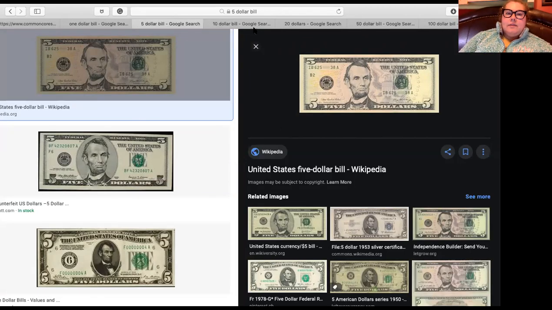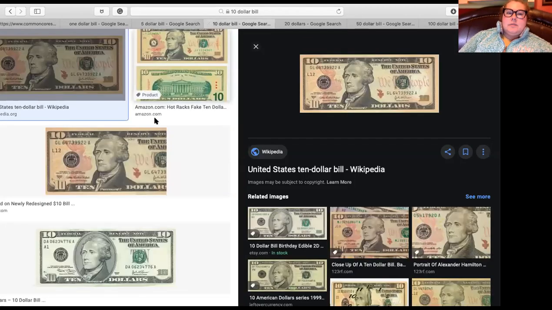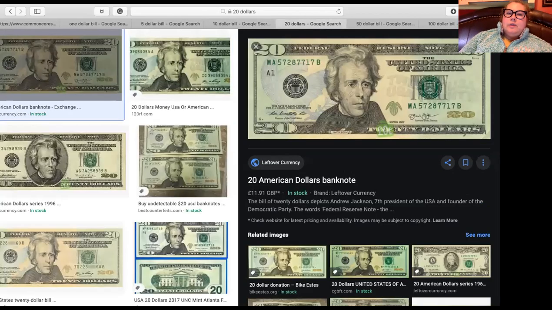we have a $10 bill. Right here is a $10 bill. So you would need 2 $5 bills to make a $10 bill. And next we have a $20 bill. Right here is a $20 bill.